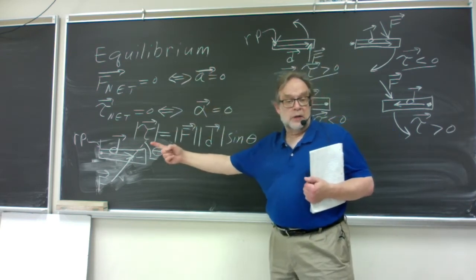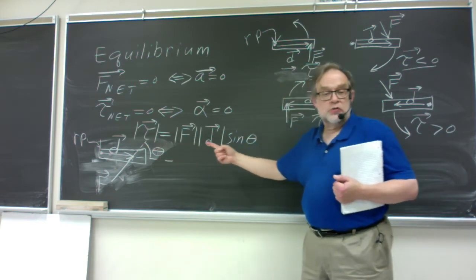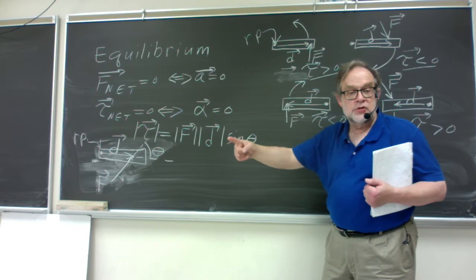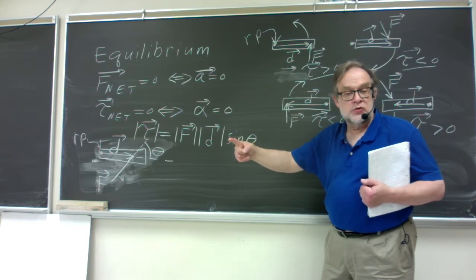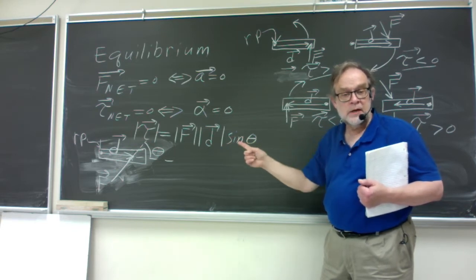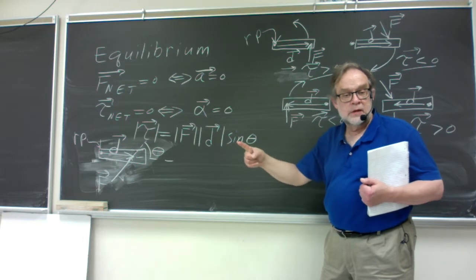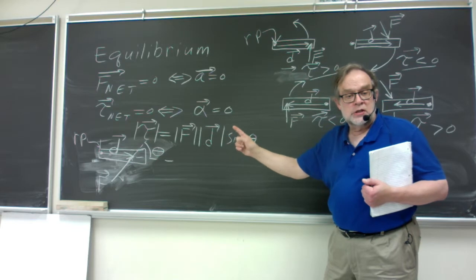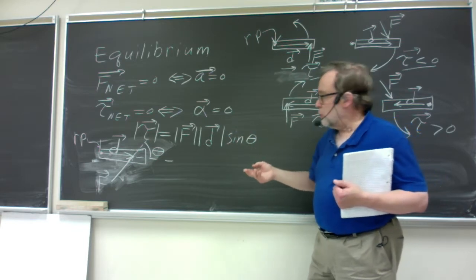And then a reminder from last time, here's our equation for the magnitude of a torque. It's a product of the magnitude of a force and then the magnitude of a displacement, and then sine of an angle. The displacement is just the displacement from a reference point.